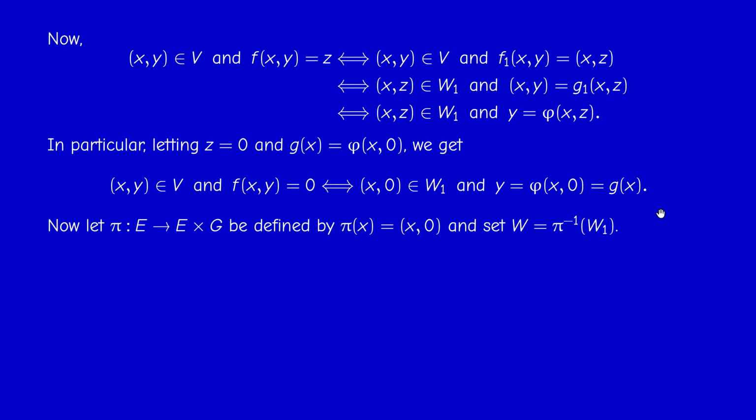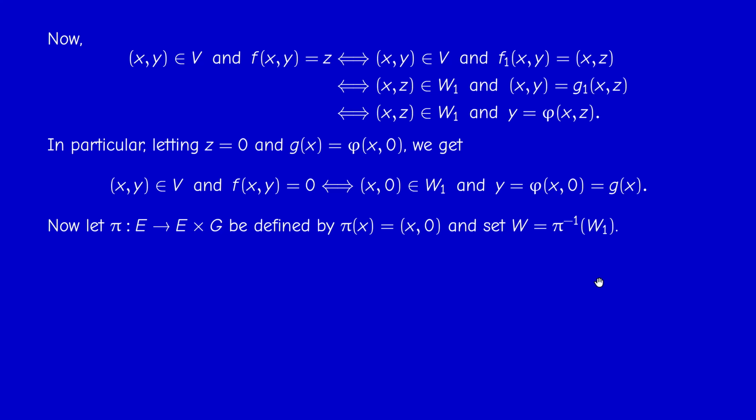Now I just need a neighborhood of A. So I introduce the map pi from E to E times F, which to each x associates the couple x0. So this is like identifying E with E times 0. And I take W finally to be the inverse image under pi of W1.